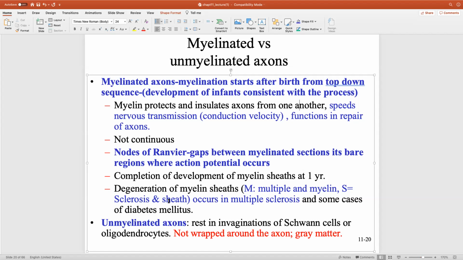Now again, what's the point of this myelination? It's to speed up action potentials. The faster the action potential moves, the more likely you're going to keep stimulating the muscle so that you can have coordinated movements. Now that also happens in sensory. The faster we bring the information into the brain, the faster we can process it, the better it is.